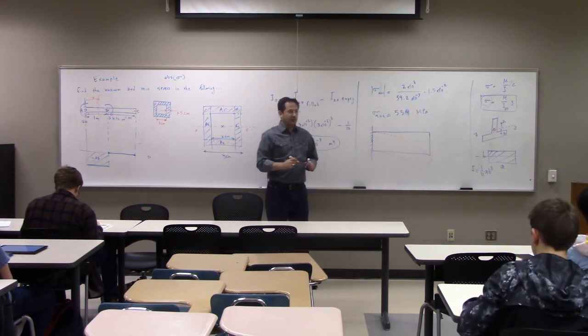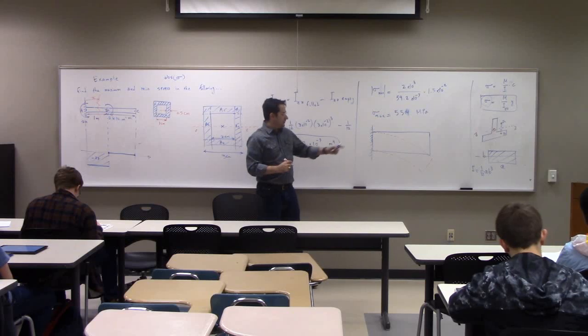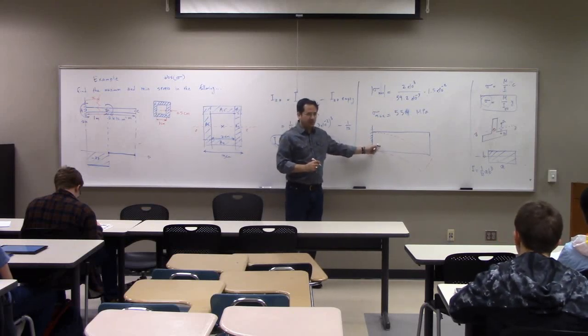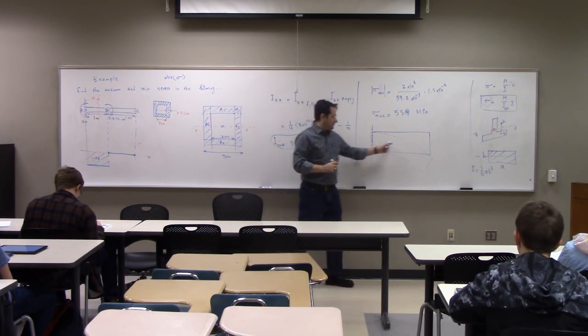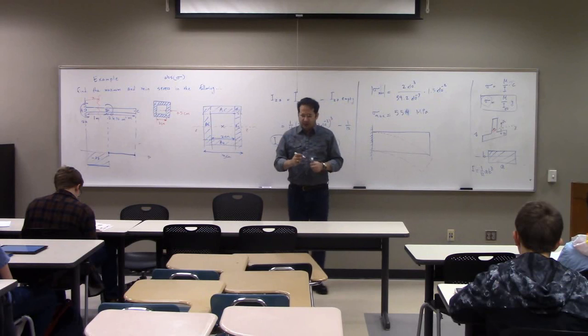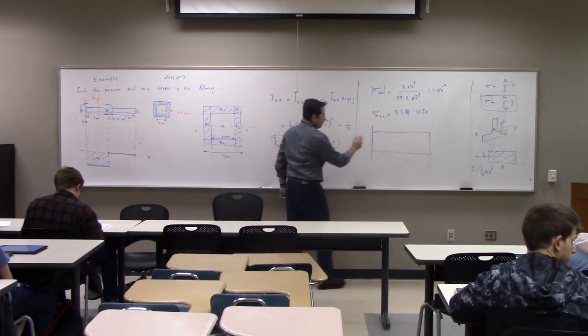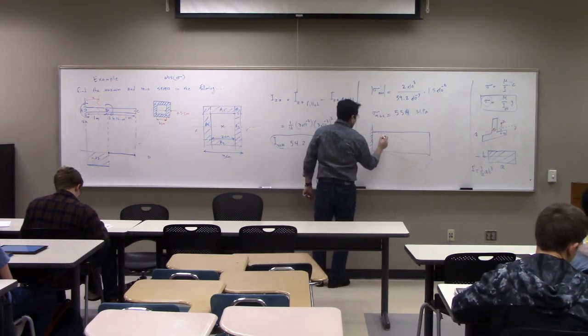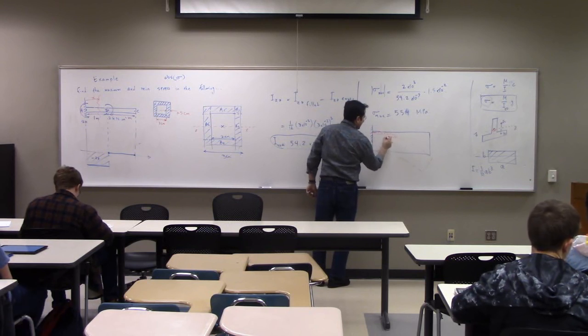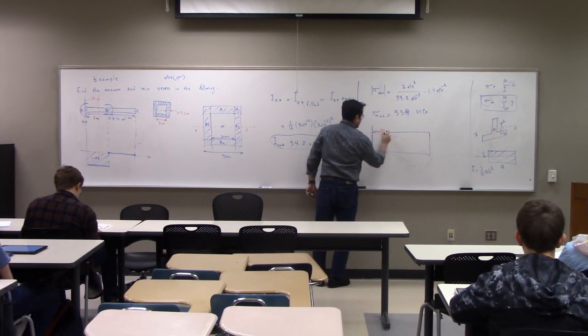Now if we have time at the end of the semester we will talk about deflection too. But this point is not going to have any deflection. Why? Because it's fixed in the wall. But everything else will deflect. Now you can clearly see that at this particular point you have tension.